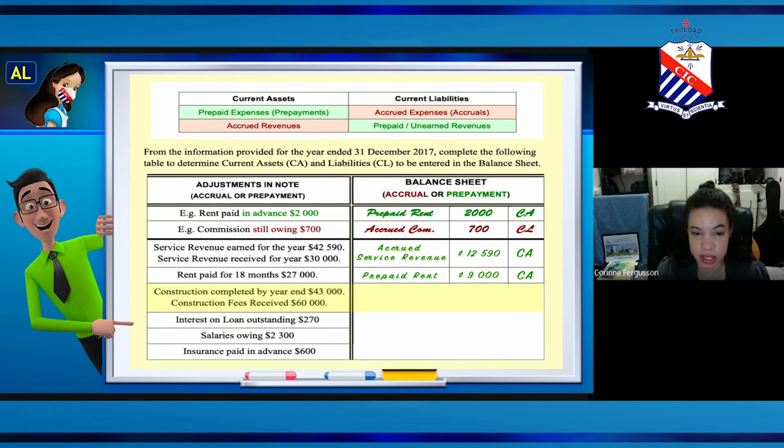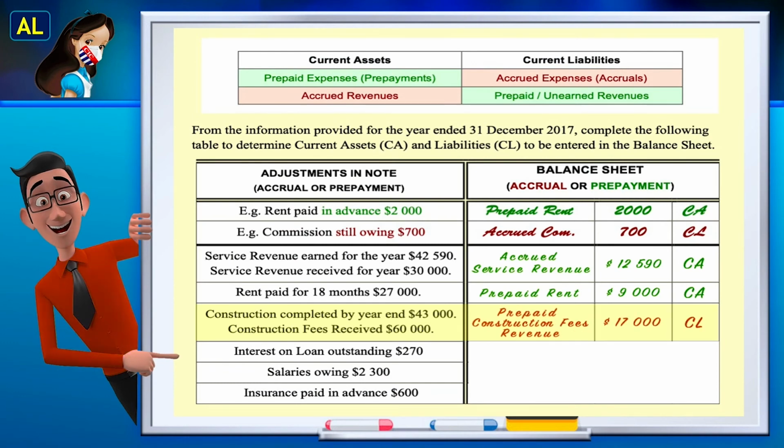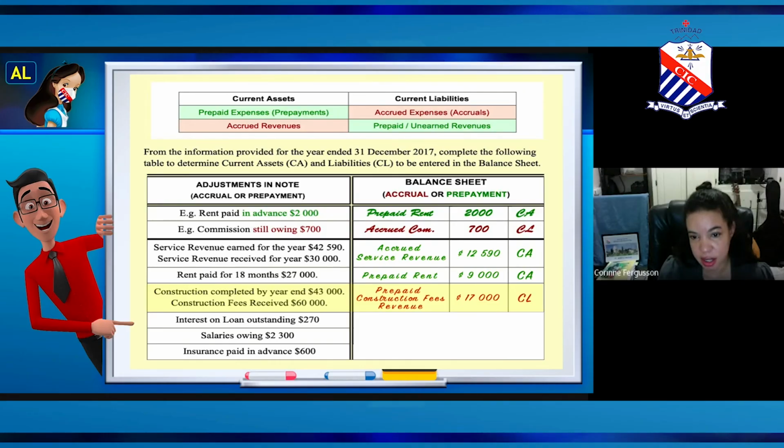And whenever you receive more, that is a prepayment. Prepaid revenue. What is prepaid revenue? It's a current liability. How much was unearned or prepaid? 60,000 minus the 43,000.